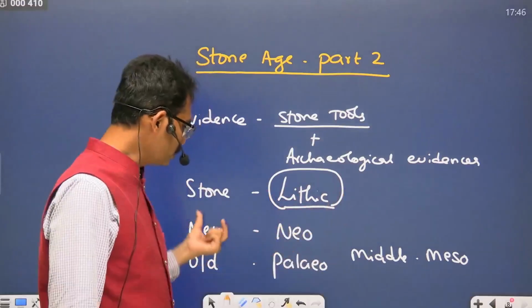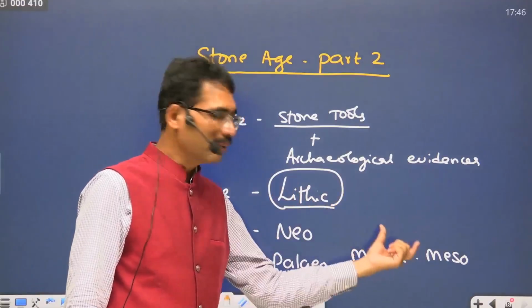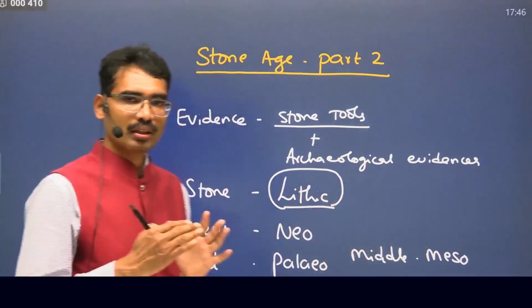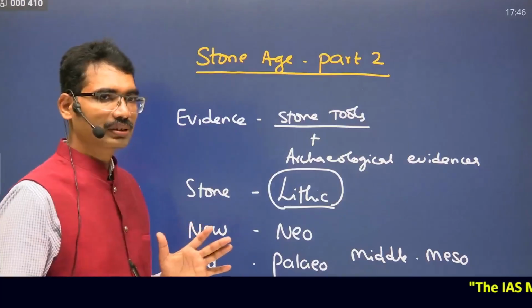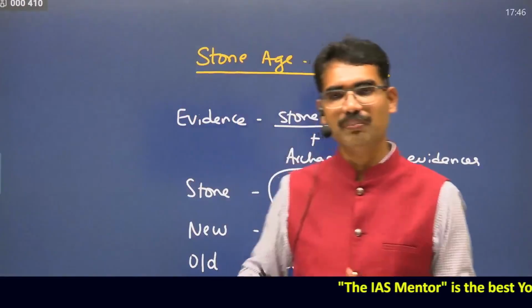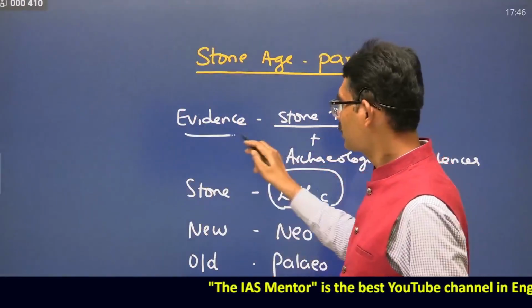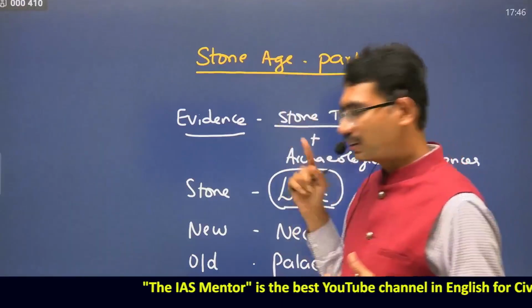If it is New Stone Age, Neolithic age. If it is Middle Stone Age, Mesolithic age. First I am introducing you the terms. Then I will give you the story, the narration behind this. Our evidence to know about our ancestors is this.